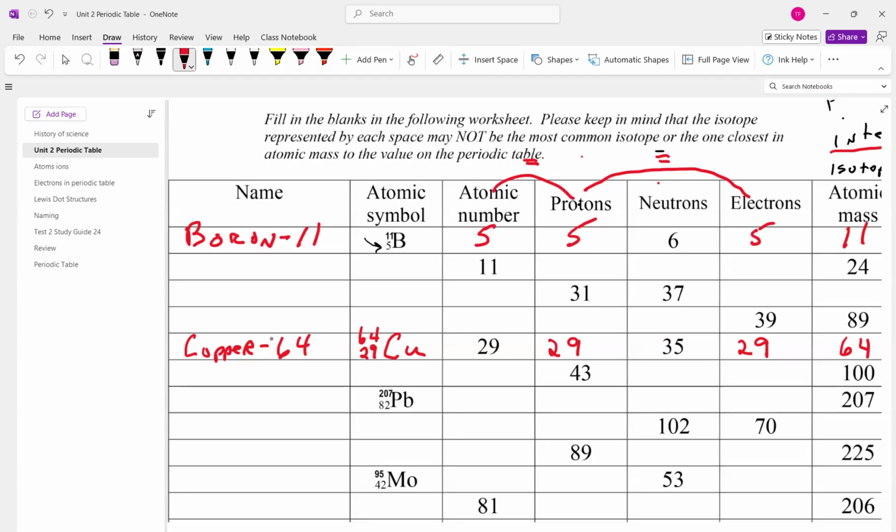This is 23. Isn't that really positive? No, don't go by the decimal number, ever. Because this is the average of all these. So it's basically 23, because it's 22.99, but you round it up. That's the most common one, but you don't round the decimal numbers. You calculate protons and neutrons.